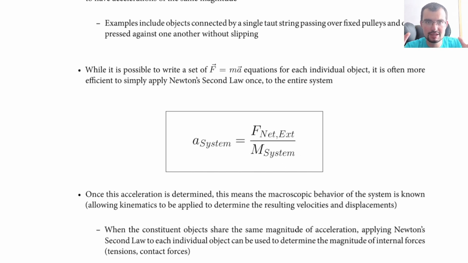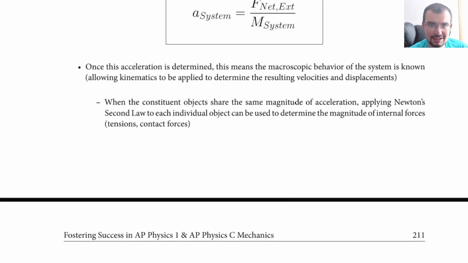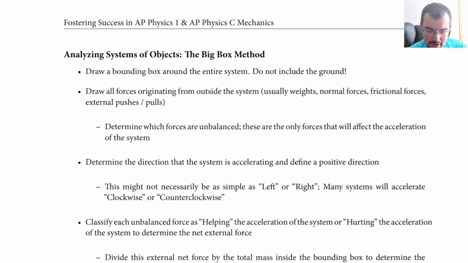So we will be just taking objects and condensing them down to a single box, is how we like to do it. Now, you could also just write F equals ma equations for all the objects, and it'll all work out. And that's helpful to find the internal forces, but usually our strategy will be find acceleration by putting everything in a big box.